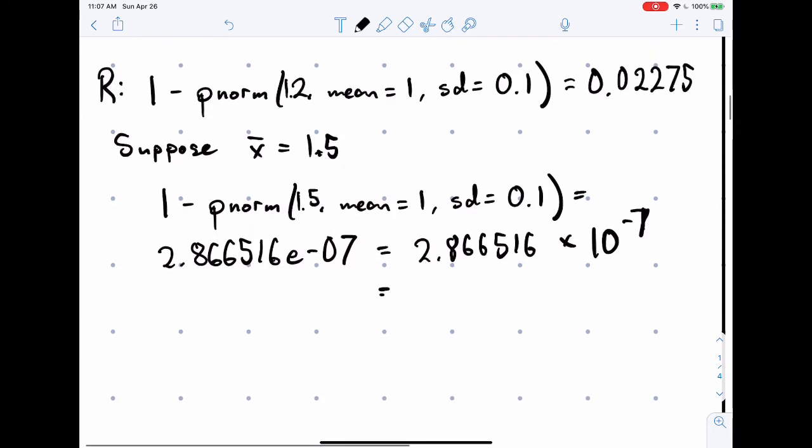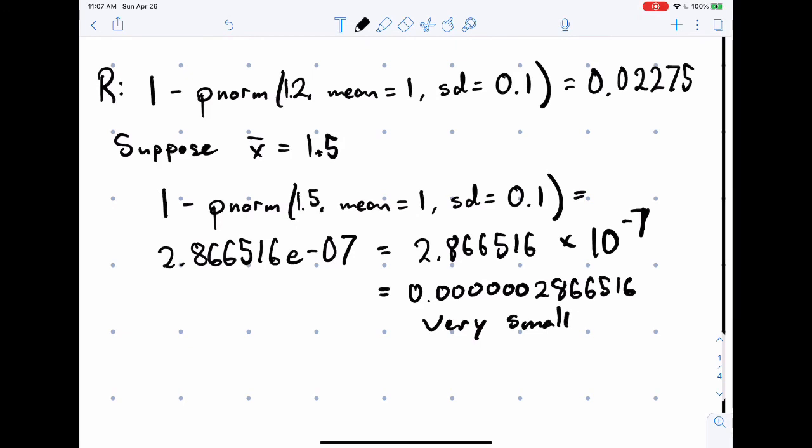So what we really have is 0.000000286516. This is what the actual answer is. Very small, very close to 0.